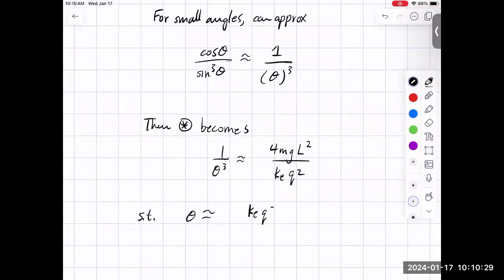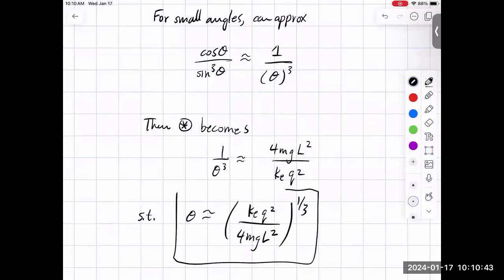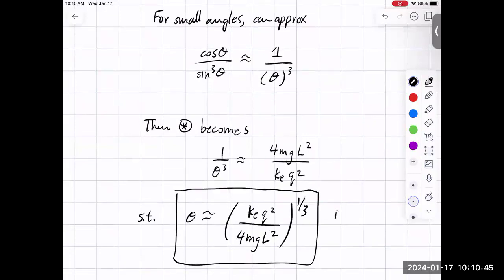Theta is approximately Coulomb's constant q squared divided by 4mg L squared, and then we take the cube root, or raise everything to the 1/3 power, and this is now a solution for the angle theta in radians.